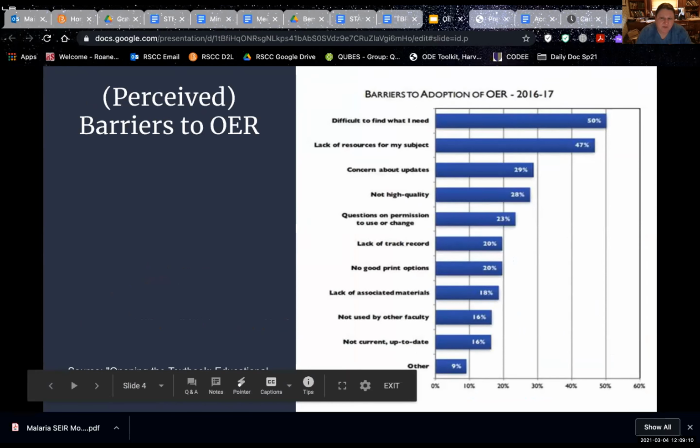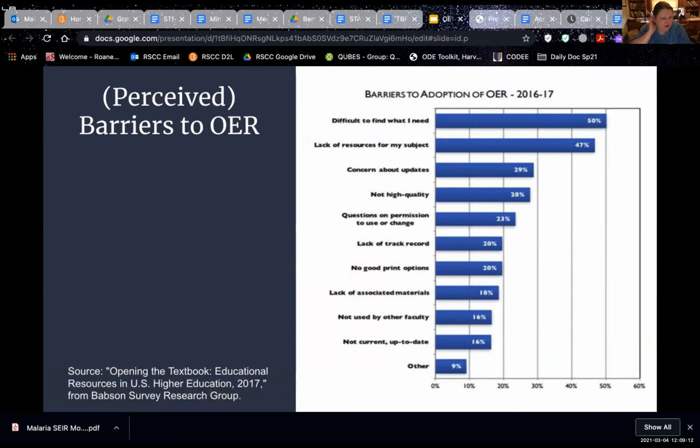There you go. There are lots of perceived barriers to OER, and this slide shows some of them. It's a little bit older, but please feel free to add any that you can think of in the chat. I have heard all of these, and I have responses for most of them.